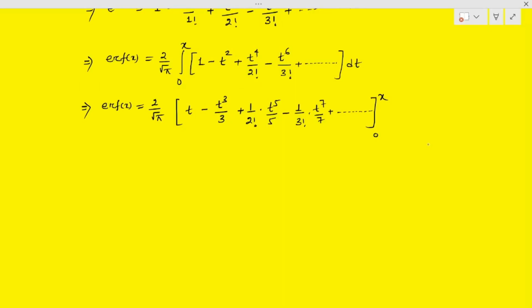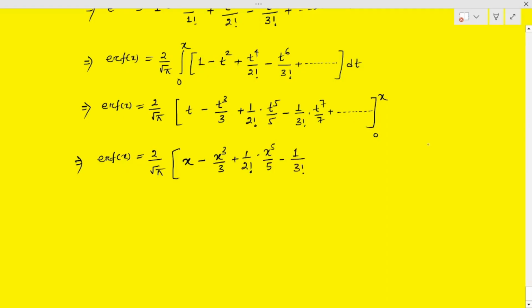Error function of x will be equal to 2 by root pi times x minus x to the power 3 by 3 plus 1 by 2 factorial x to the power 5 by 5 minus 1 by 3 factorial x to the power 7 by 7 and so on. Hence proved.